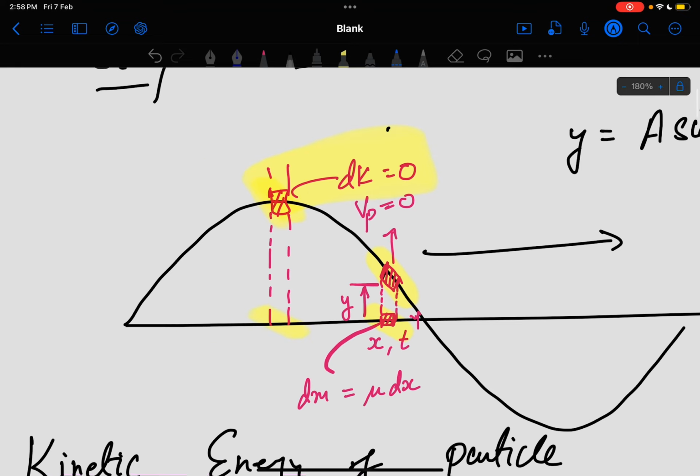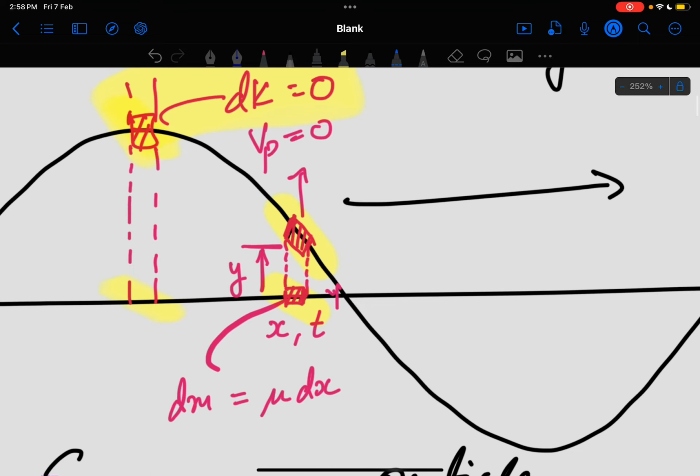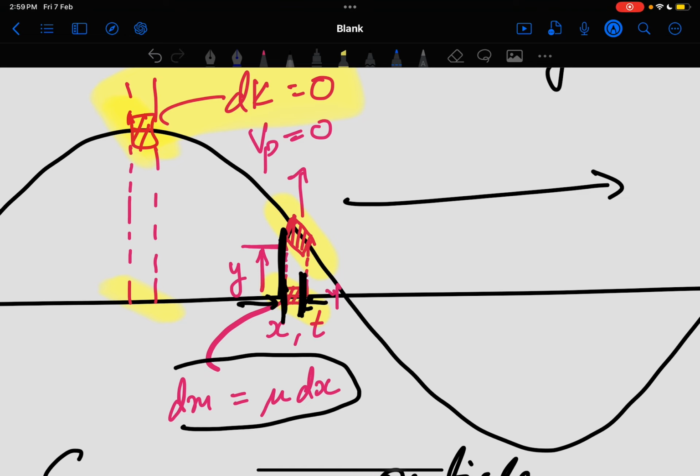Now let us consider a small element which is located at this particular position. Let this be the x coordinate, and a small increase dx. This particular quantity is nothing but dm, which is equal to mu times dx, right?